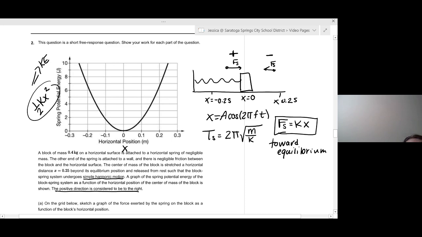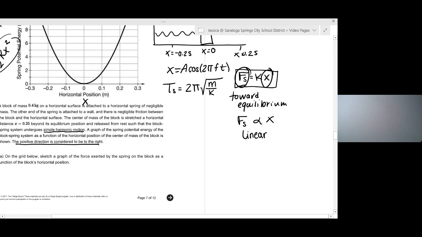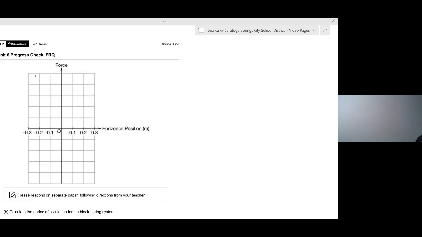Now the graph is asking us to graph force versus x. According to this equation, that's a direct relationship, which means I should see a line graph between those two. So here's 0.25 and here's 0.25.